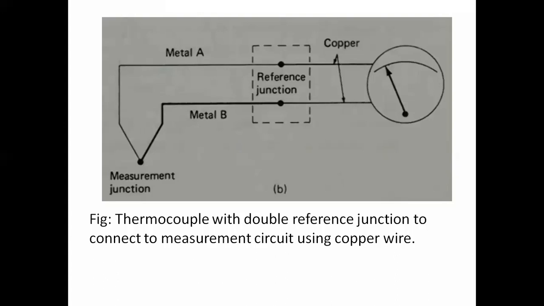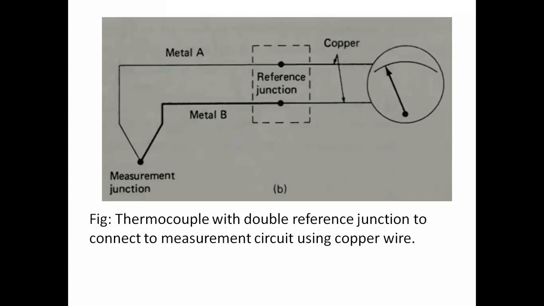So in such a situation we can use the same metals which are used for manufacturing this thermocouple. The same type of materials will be used for that distance, from the measuring point, where we have to measure that particular temperature, to the control room. The control room is generally far away from the process place.